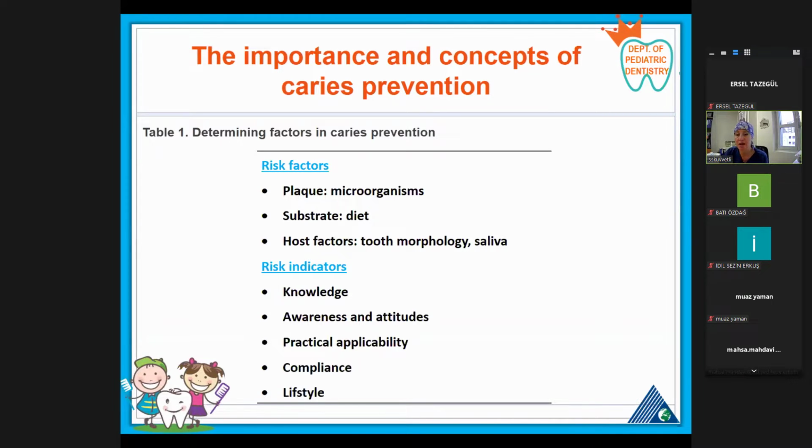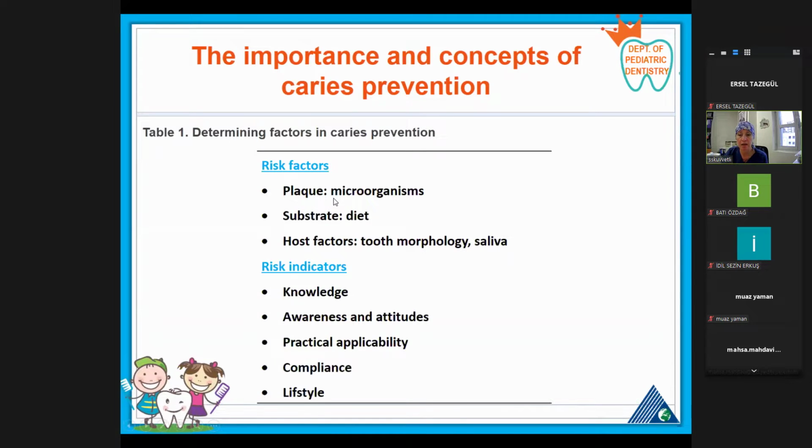We call these factors determining factors in caries prevention. So the first three were risk factors which have an important role in the etiology of dental caries. I counted them in the previous moment.